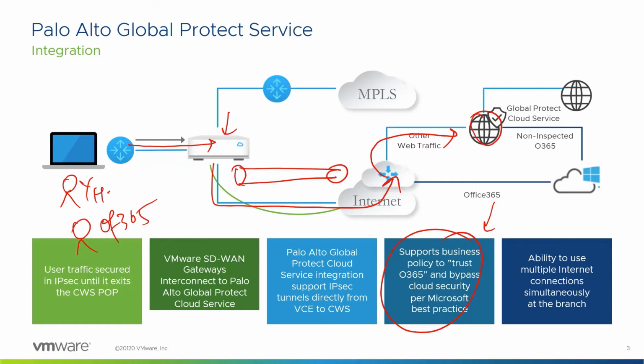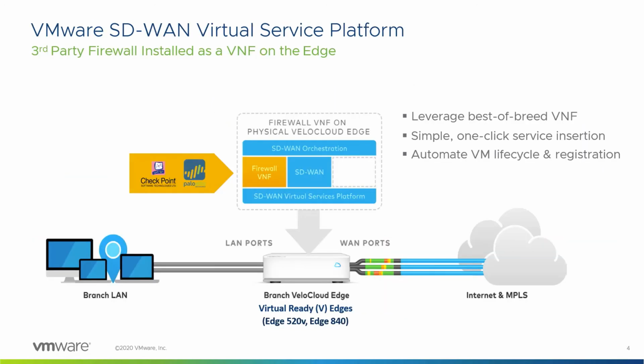Then it bypasses the security services and directly hits the Microsoft endpoint in that region. So the user traffic is always secured in the IPsec tunnel when it leaves the VMware SD-WAN gateway to the GlobalProtect services.